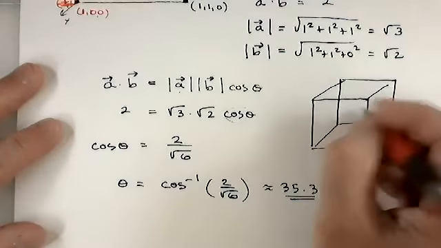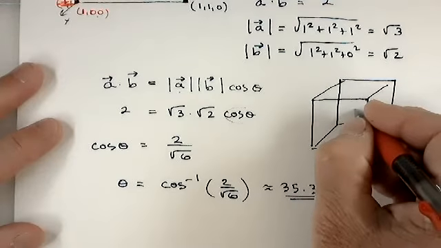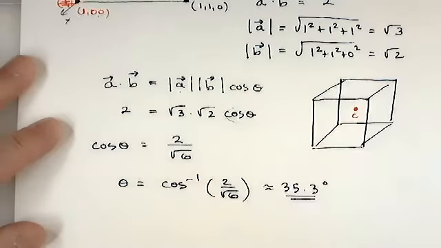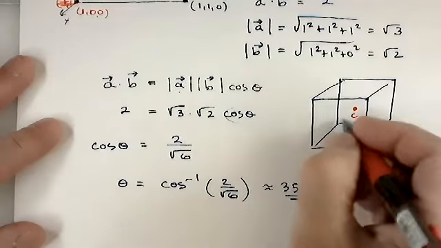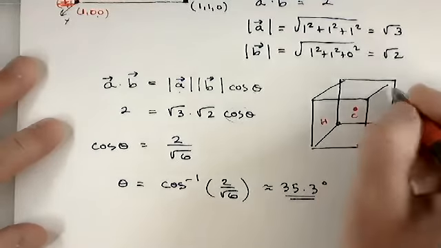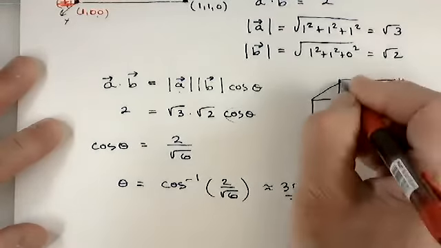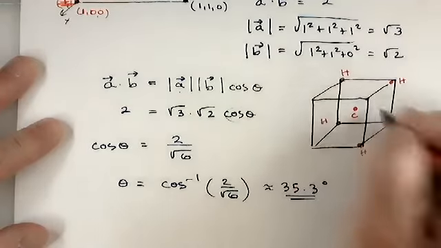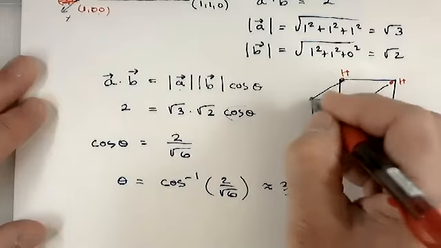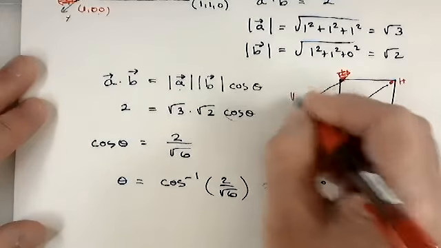Who's taking chemistry? If I put a carbon atom in the center of the cube, a hydrogen here, a hydrogen here, a hydrogen here, a hydrogen here. No, not there, not there, not there, right here. Put it here. That's a bad place for it. That would not work.